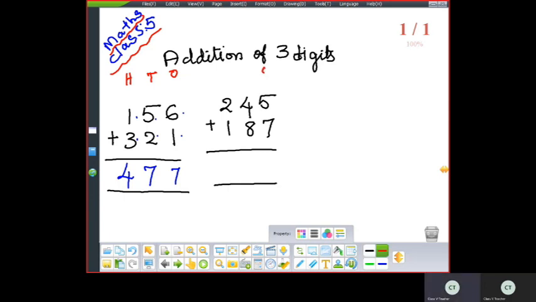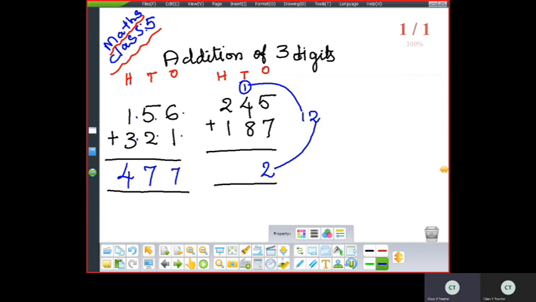Okay. So 1, 10, 100. Now start adding. 5 plus 7, how much? 12. So 1 will go to the 10 side and 2 will come in the 1 side.